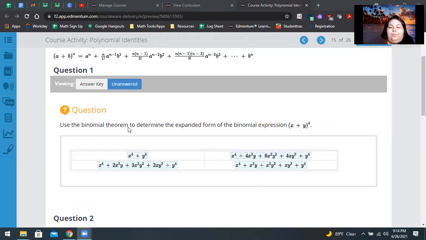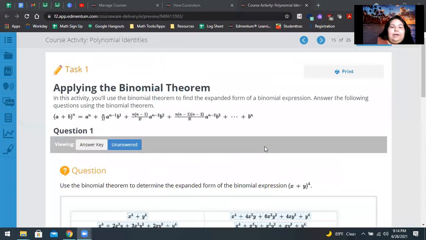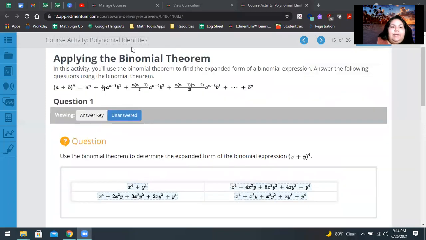So let's go ahead and apply it here. If you take a look, this is your first term, second, third, fourth, and then your 5th term. They already gave you the formula. You just need to identify your A, your B, and your N. I'm going to help out with the first couple.